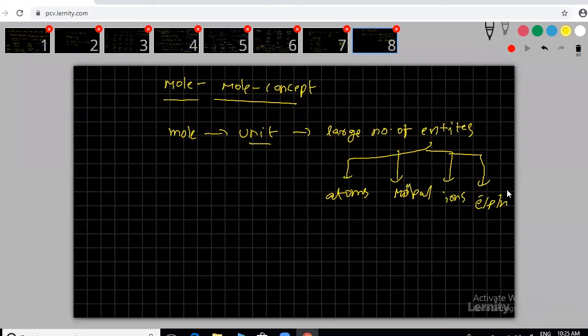One mole equal to, we already gave the value and how to calculate it in previous classes also. If you want, you can note it down one more time.